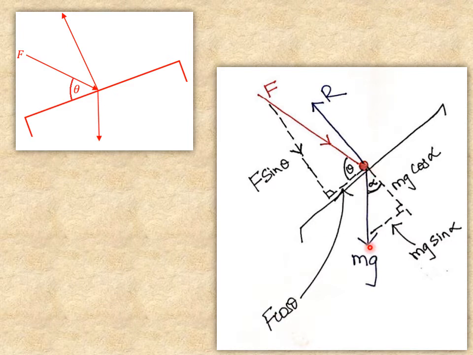Same for mg, the weight is not vertical here. Because we will always assume the plane to be horizontal, this is definitely not vertical. If the plane is horizontal, then this is the vertical force. So this force, the weight, is neither horizontal nor vertical, so we need to resolve it.